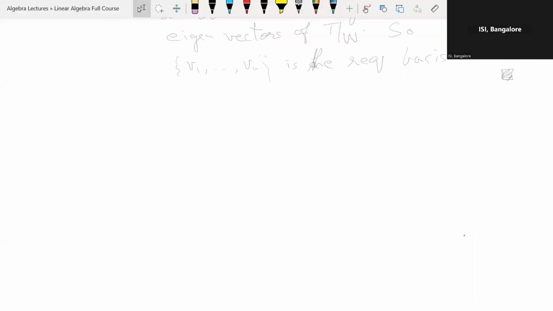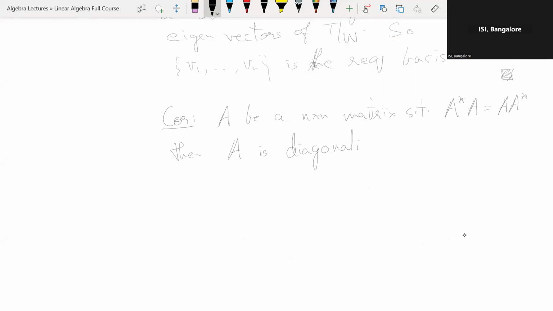Let A be an n cross n matrix such that A*A equals AA*, then A is diagonalizable, or let's just write it in a more reasonable way: there exists a unitary matrix P such that P*AP is diagonal. Okay.